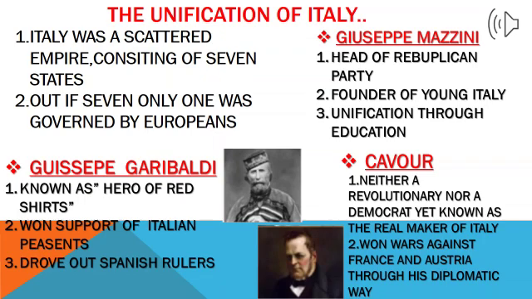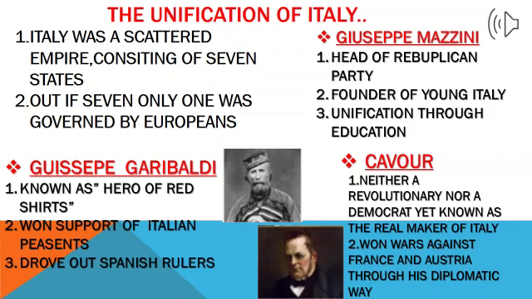Next is Cavour. Cavour was neither a revolutionary nor a democrat, yet he is known as the real maker of Italy. Well, children, he won the wars against France and Austria through his diplomatic ways.